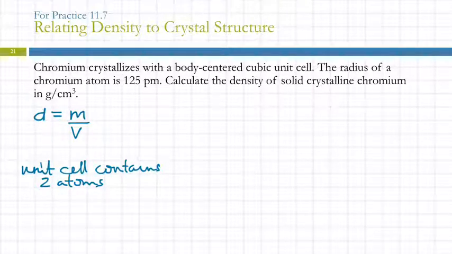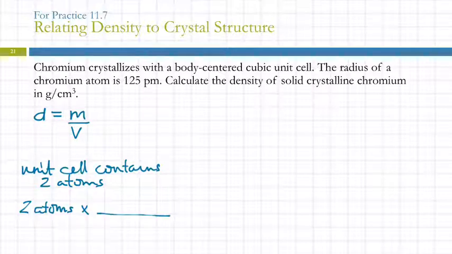They're chromium atoms. Can we figure out the mass of 2 chromium atoms? Yeah, because on the periodic table, we have the atomic mass. We could do it in atomic mass units, but that's not going to be very useful because we need grams in the end. So 2 atoms of chromium.